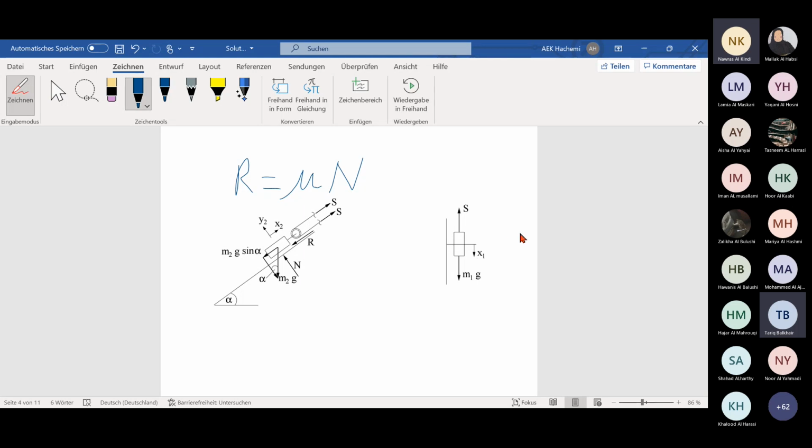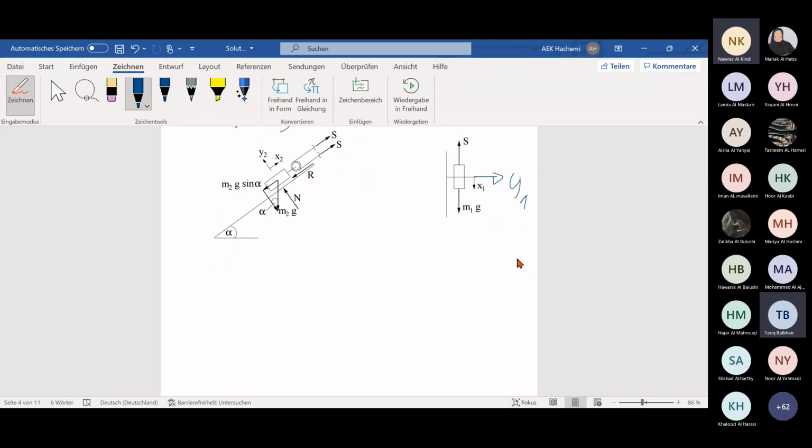In Y1 direction, there is no force, so the sum of forces, which is equal to mass multiplied by the acceleration along y direction, is zero, and the acceleration also is equal to zero as there is no motion along y1 direction.